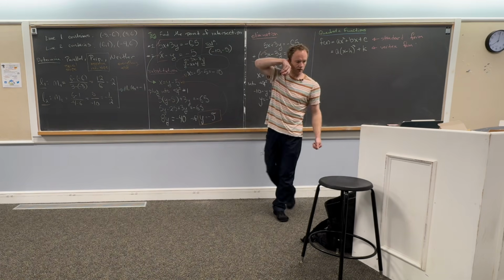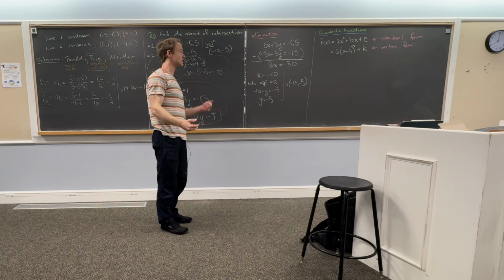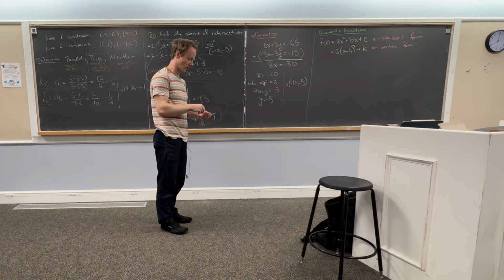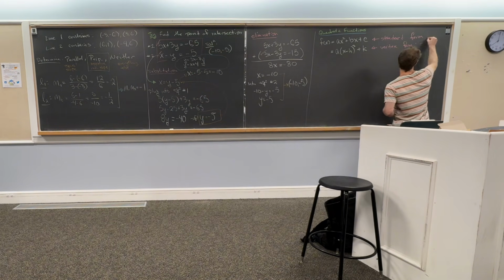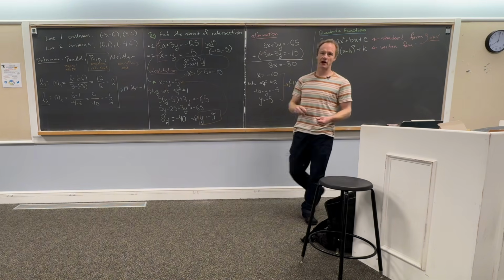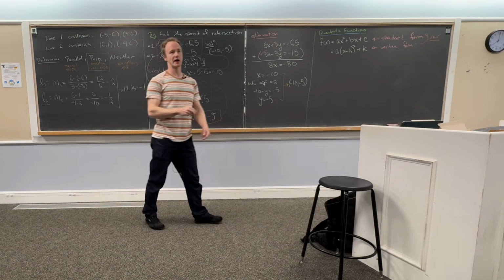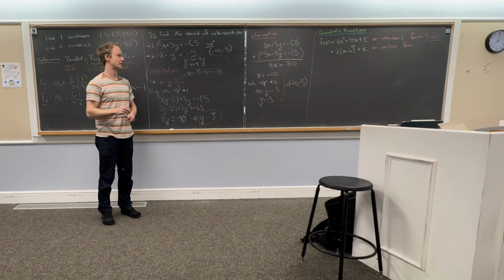Going from the vertex form to the standard form is not really that big of a thing. You just square out that binomial x minus h squared, and then you do some arithmetic, and you land at standard form.